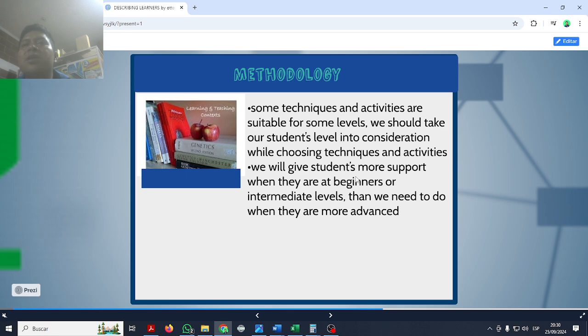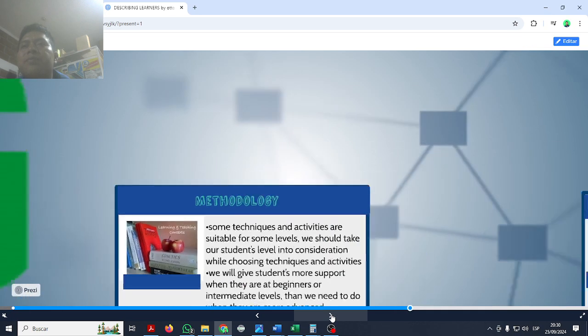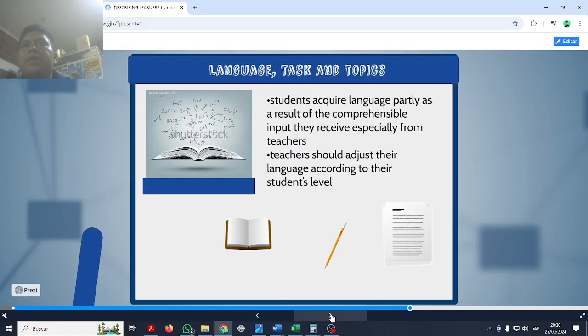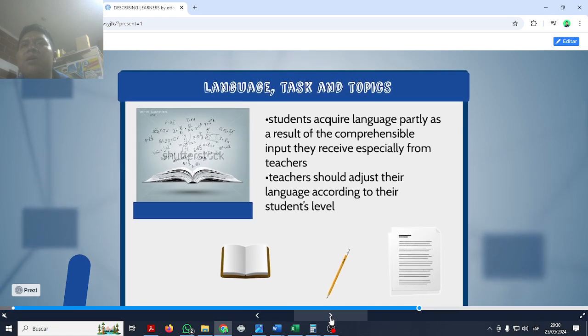We will give students more support when they are beginners or intermediate than we need to when they are more advanced, etc. Students acquire language partly as a result of the comprehensible input they receive, especially from the teacher. Teachers should adjust their language according to their students' level.